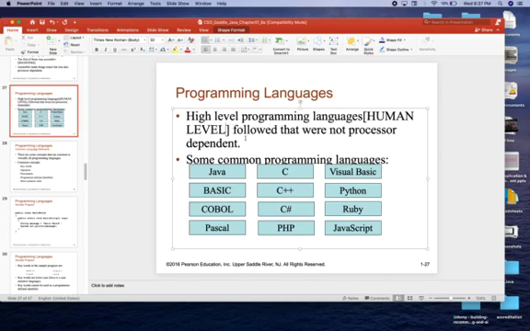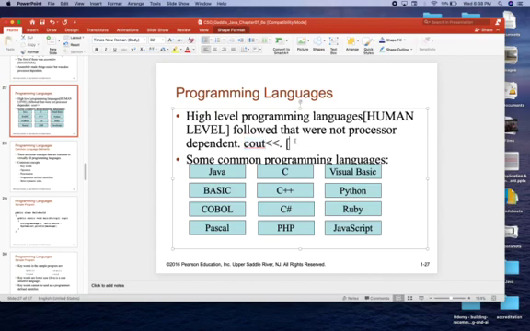So when you write an instruction in C++, you write something like cout. These characters here are borrowed from the human set of characters that we read, for example, in English. So they are in a very human readable form.